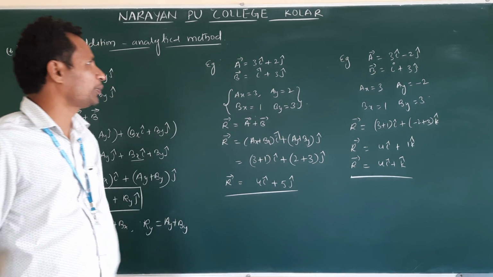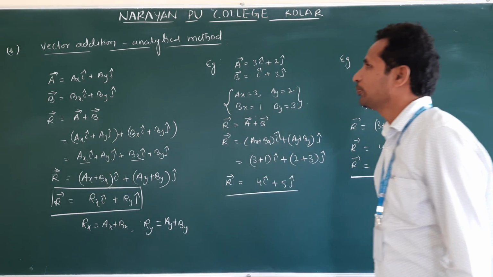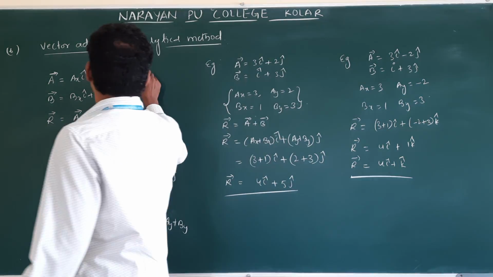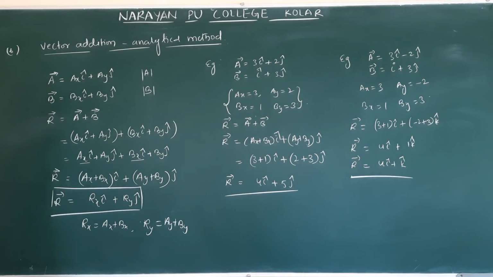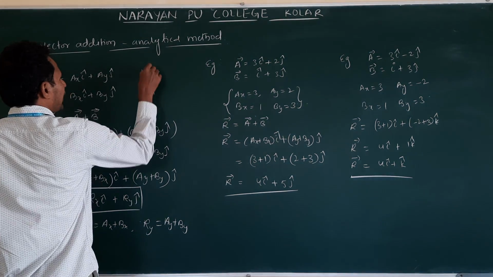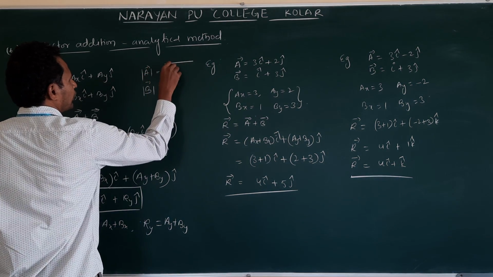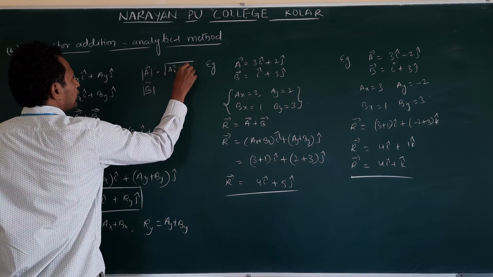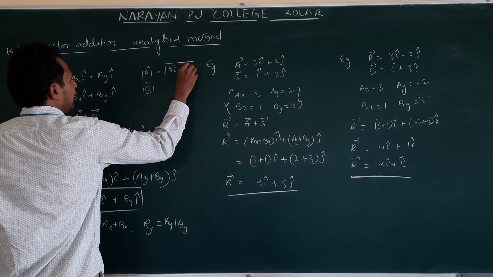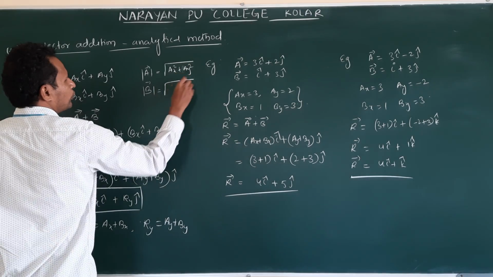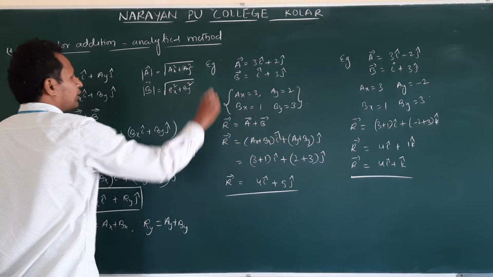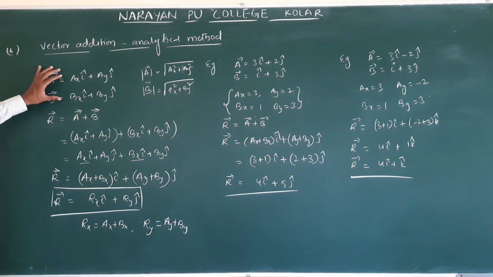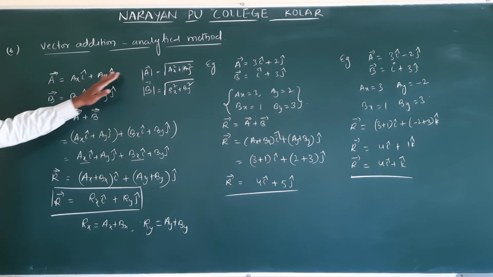And one more important point. If they ask to find the magnitudes of A and B, magnitude of A and magnitude of B, then how do you write? Already we have seen the magnitude formulas: under root of Ax square plus Ay square, and this is equal to, how do you write, Bx square plus By square. These are individual vectors, individual magnitudes.